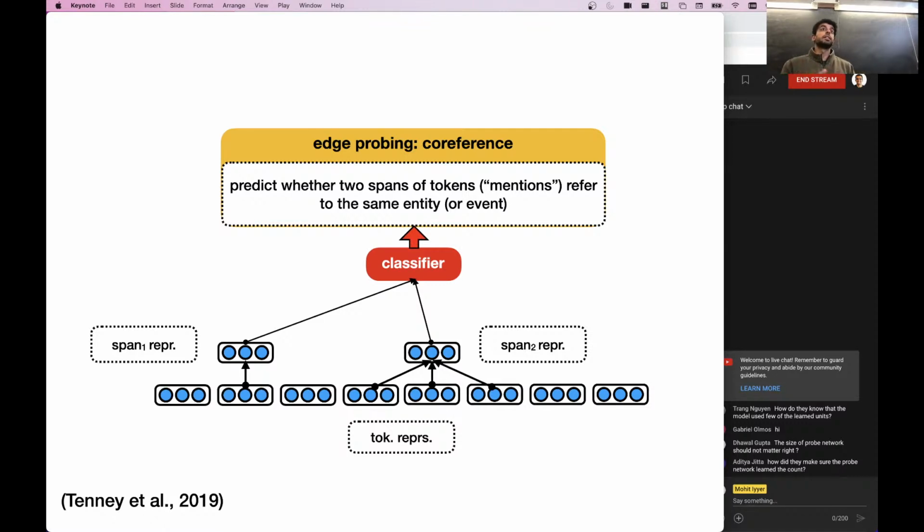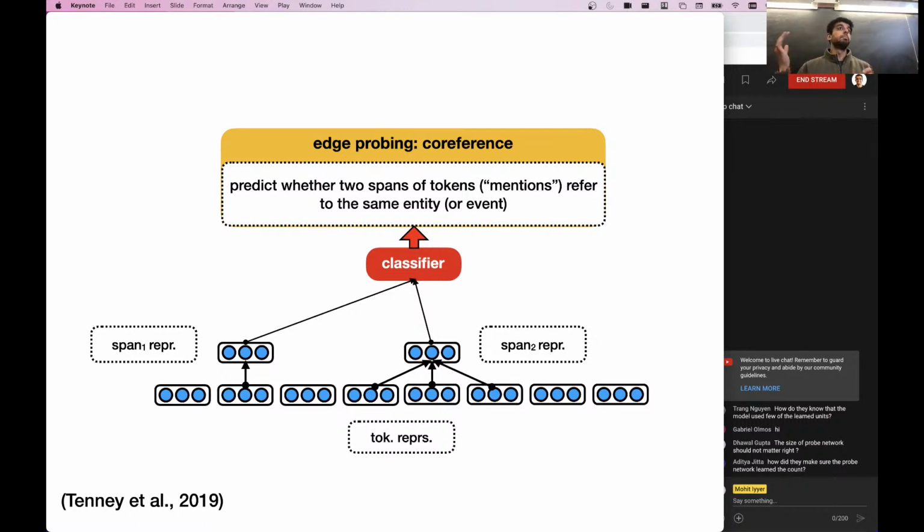In general, the training data for these kinds of probes comes from annotated data sets of co-reference. There are some very hairy cases where there's many different entities present and many pronouns, and resolving those requires a lot of context. And those are the ones that are of most interest, right? Because you want to know if the model has a good understanding of the sentence, which requires it to understand the co-reference.